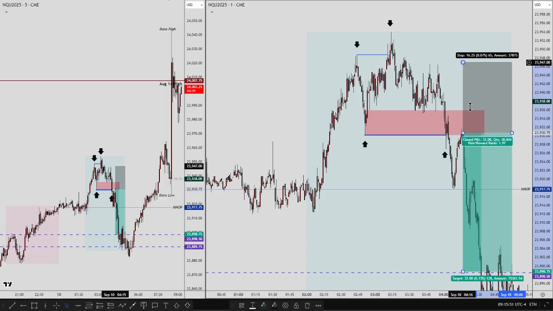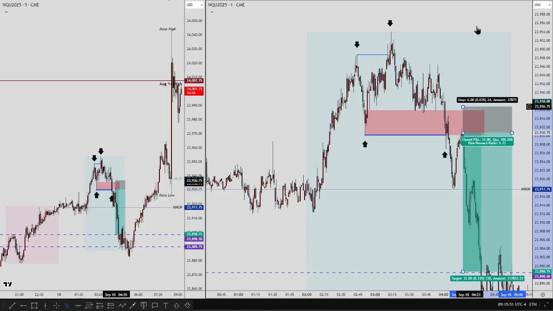Is this a valid place to have your stop loss? Yeah, because it's above the breaker block, we've already displaced lower. If it trades back above the breaker block, you're just wrong, and you made a mistake, and you pay for it.